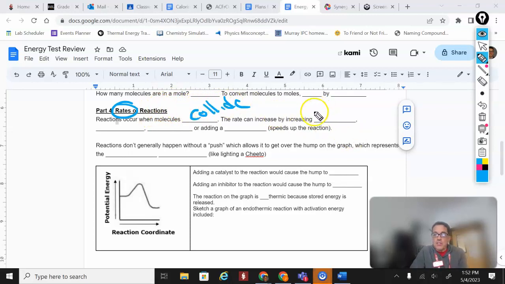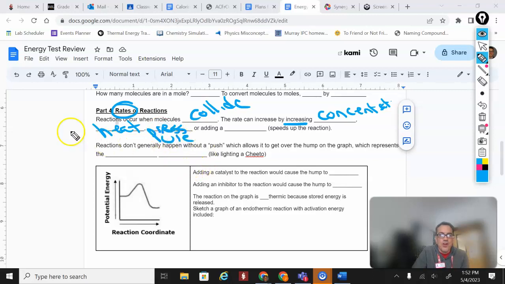So we can increase a lot of things in order to make more collisions. We can increase the concentration, which means we've got more stuff, right? We can increase the heat or the temperature so that that's going to cause things to be moving around more. If it's a gas in particular, we could increase the pressure. We could also change the surface area by crushing stuff up.